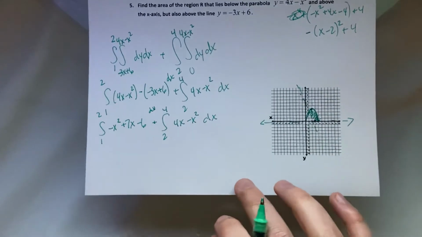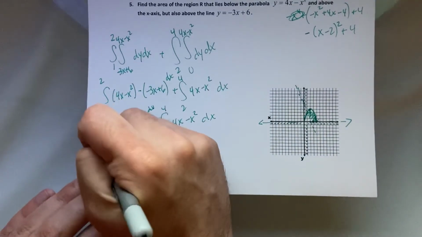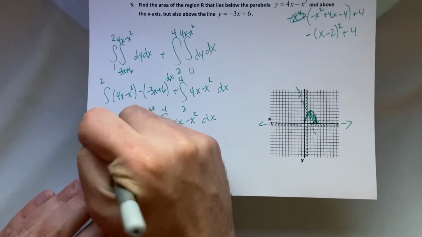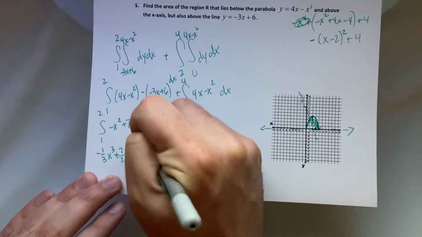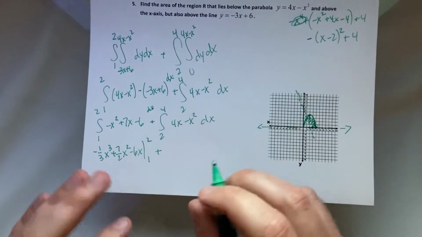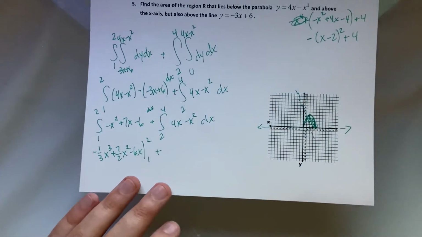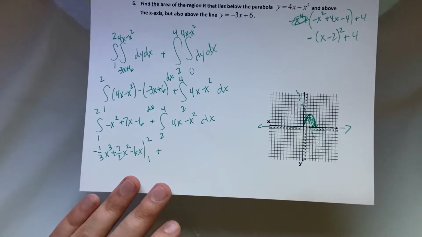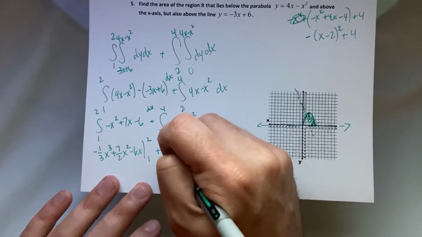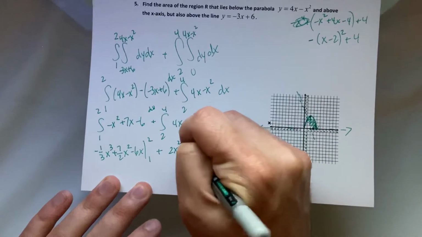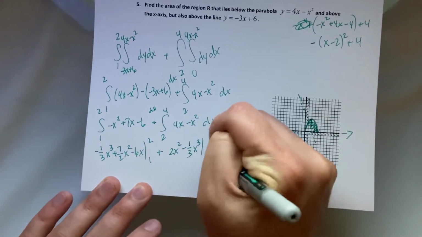So when I integrate these, I get negative 1/3 x cubed plus 7/2 x squared minus 6x evaluated from 1 to 2, plus 2x squared minus 1/3 x cubed evaluated from 2 to 4.